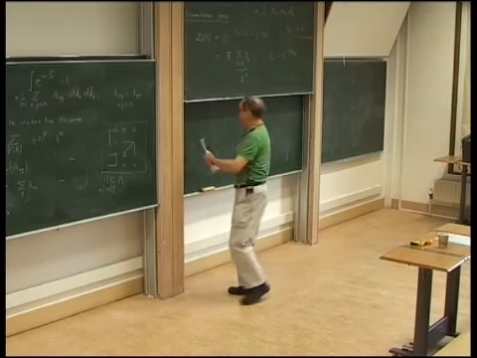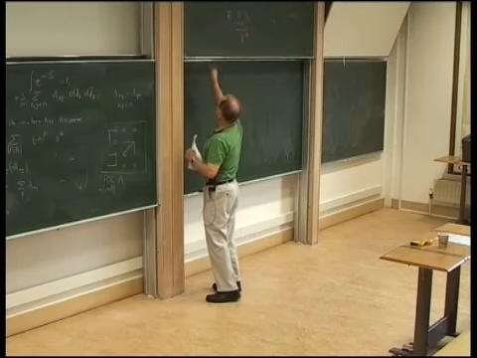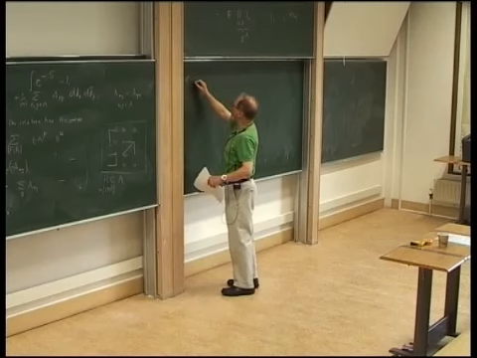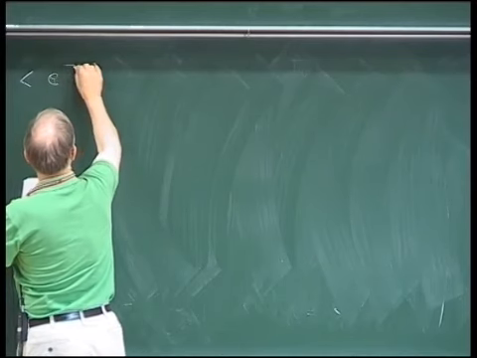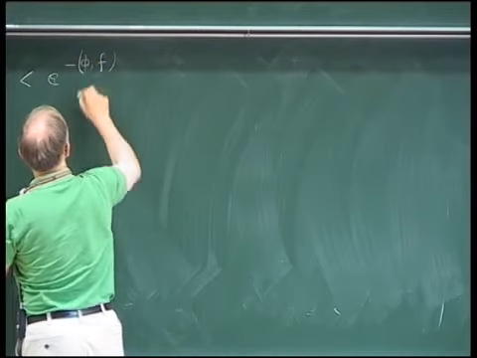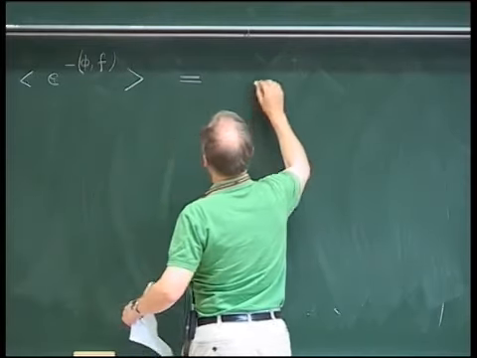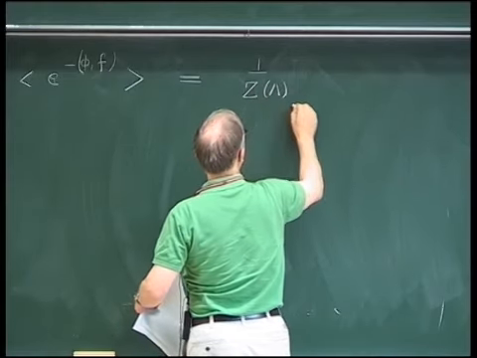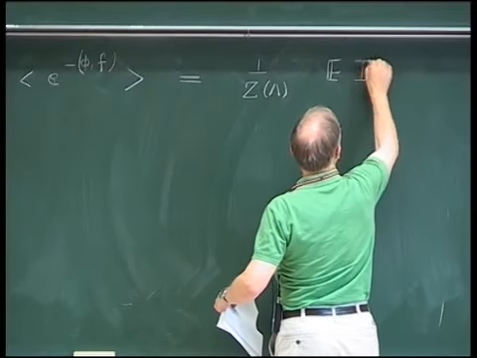We want to calculate, I'll use this kind of bracket for expectation, the Laplace transform of the interacting system, which is 1 over z lambda expectation I to the power of lambda.